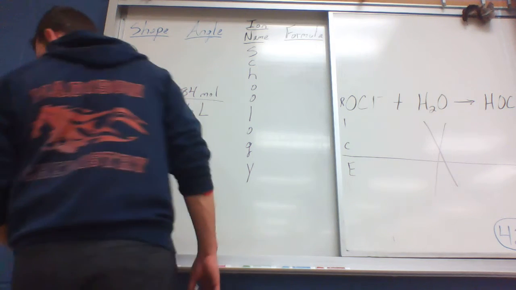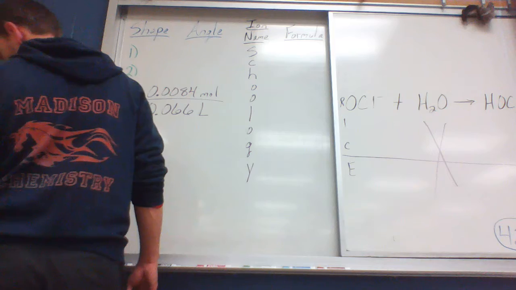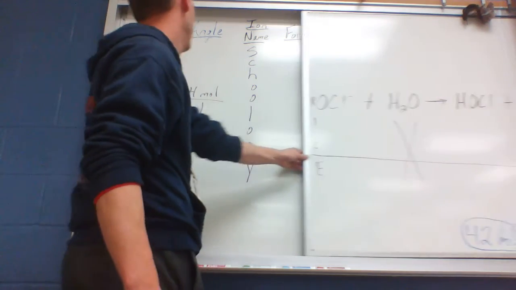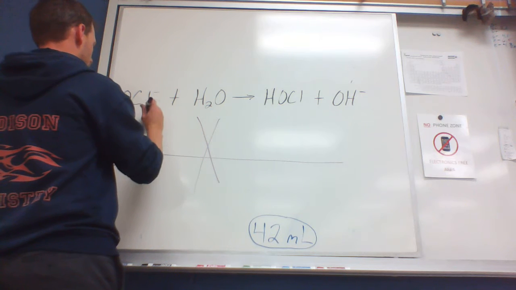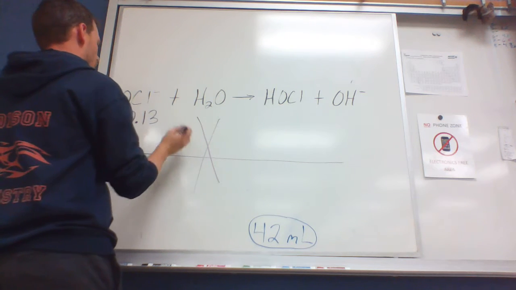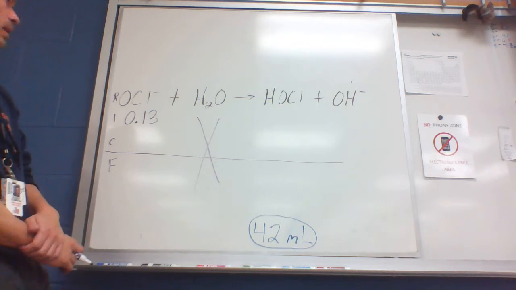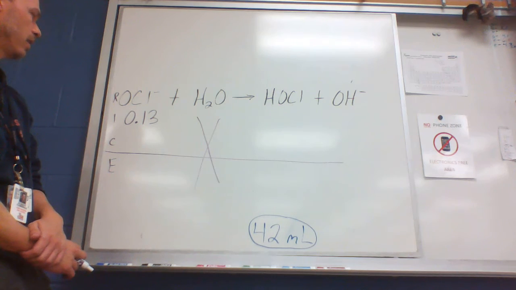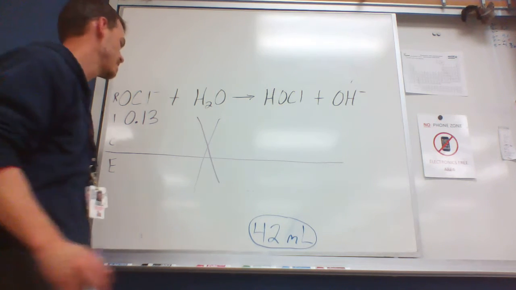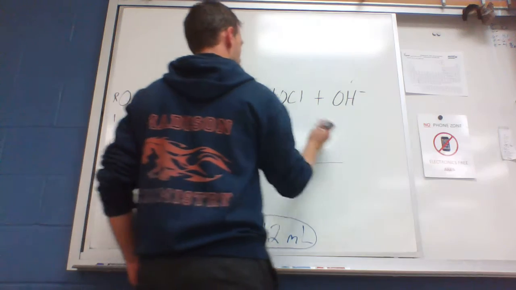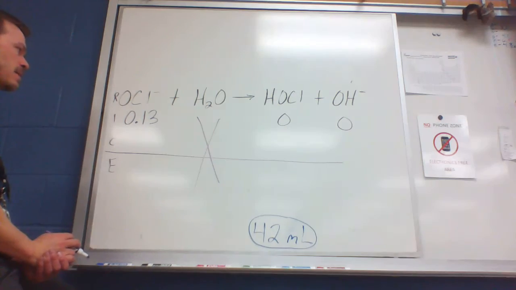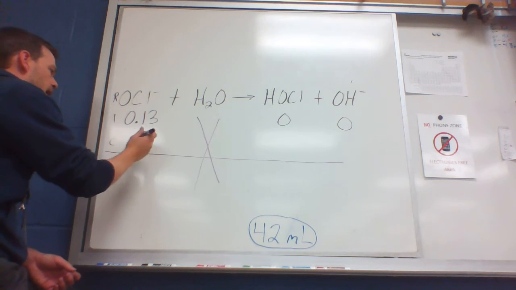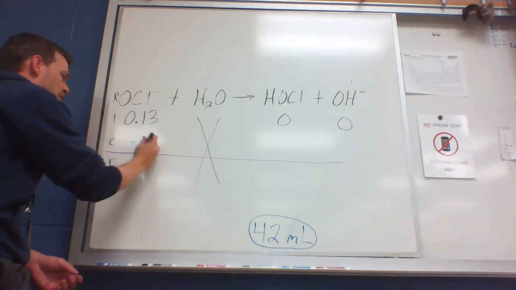Therefore, when you divide those two values, you're going to get 0.127, or really 0.13 with sig figs as your molarity there. All right, so we can show our shift.